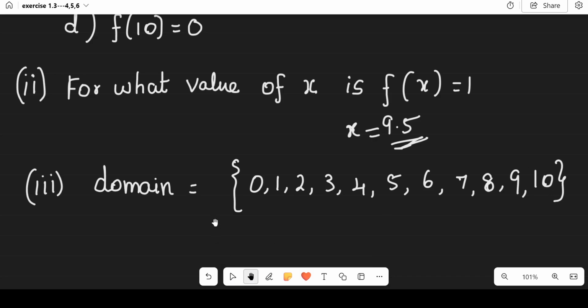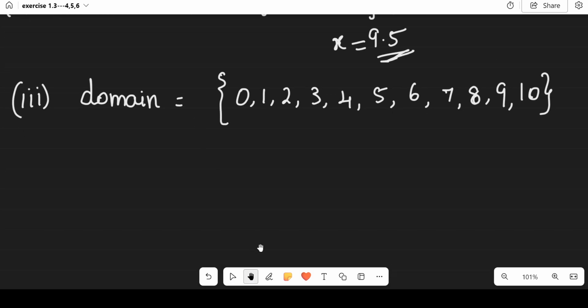We can write all these elements in set builder form. Already I had explained about the set builder method. You can check that video also, the video link is in the description box.